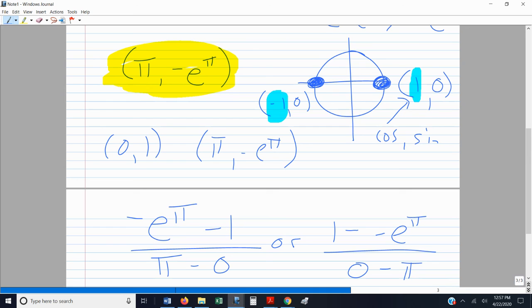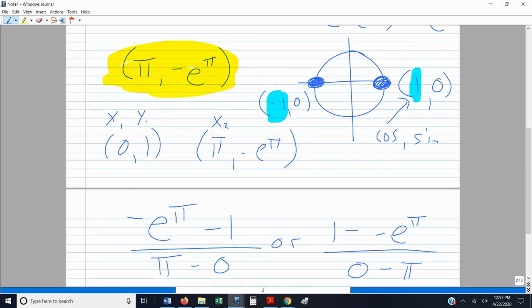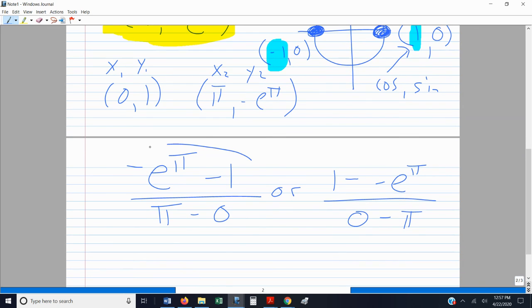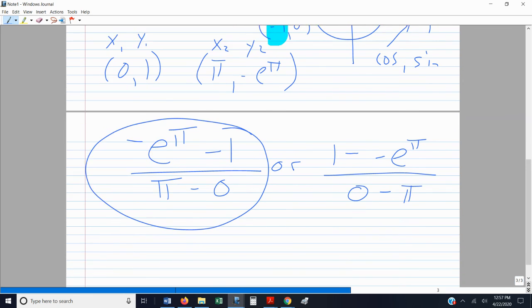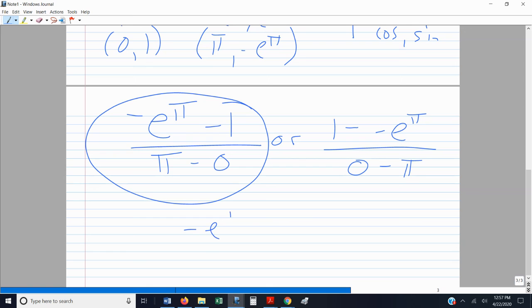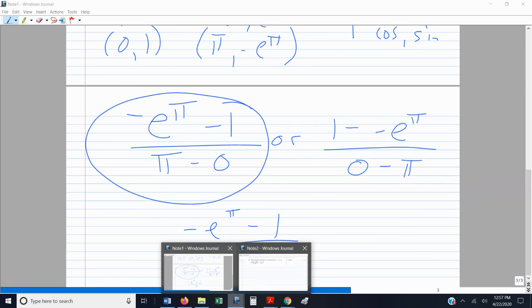That would be the same thing. So it doesn't matter what you're using as x1, y1, x2, y2, or you can have those labeled differently. This is what I did the first time. I used that format, negative e to the pi minus 1. Pi minus 0 is pi. You do not have to simplify that. As you know, you can just leave it.